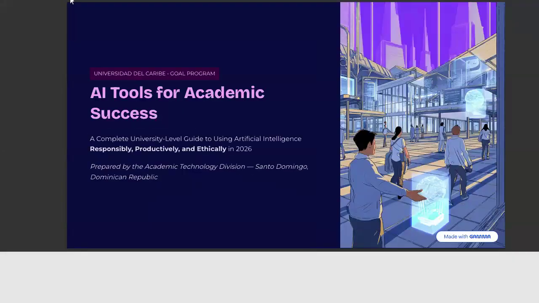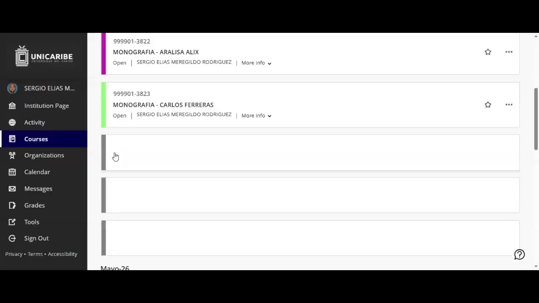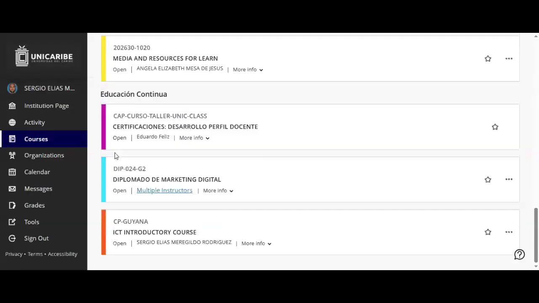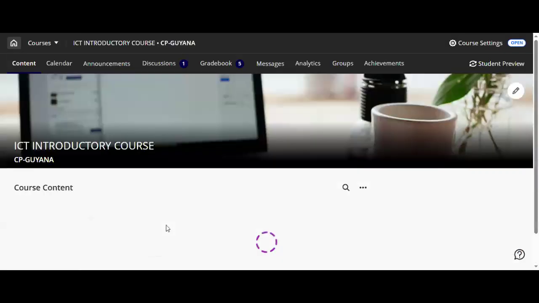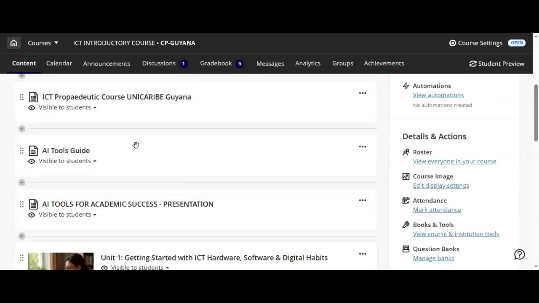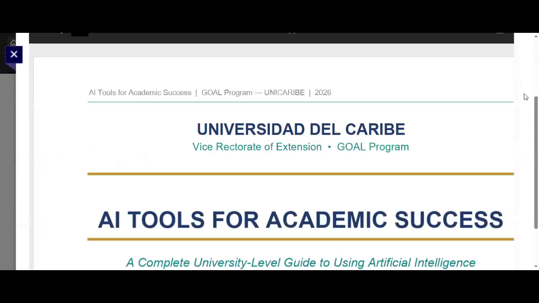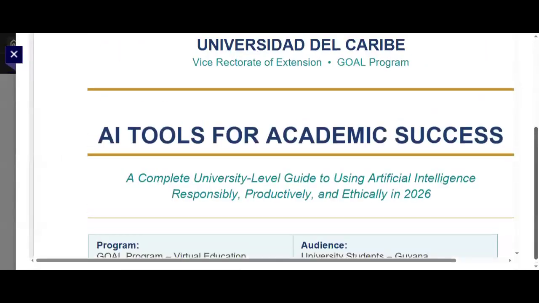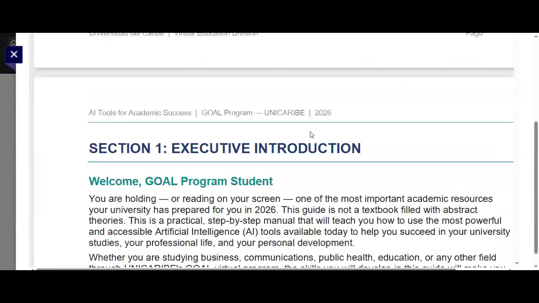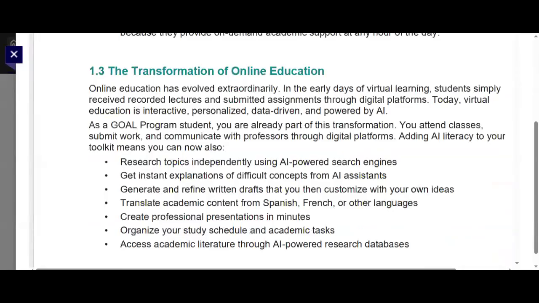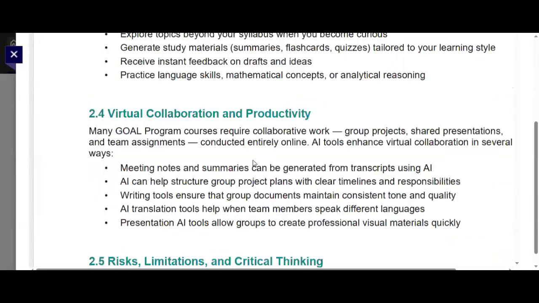I went to the course and directly to our ICT course, and did a consultation with the AI tools guide that is 42 pages long. I extracted this information and told Gamma, please create a presentation from this specific information.